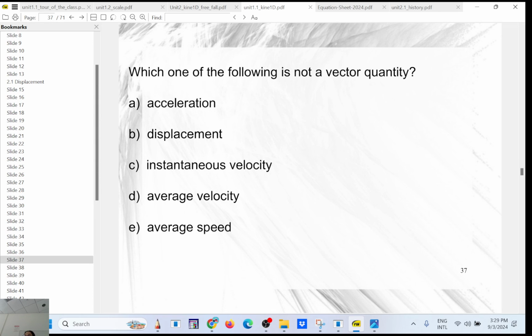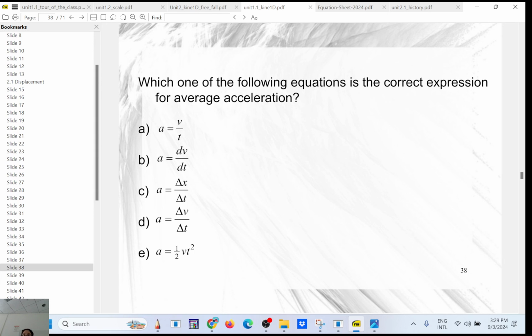Distance is a scalar. Time is a scalar. Energy is a scalar. Volume is a scalar. Acceleration is a vector. Velocity is a vector. Force is a vector. Displacement is a vector. Momentum is a vector. Angular momentum is a vector.